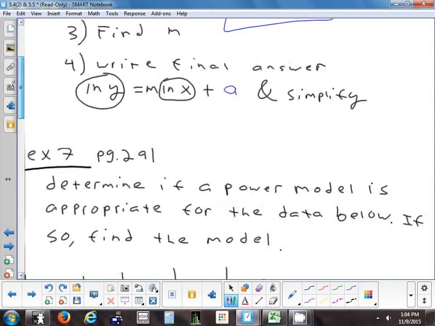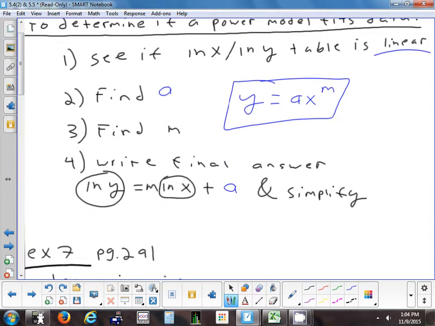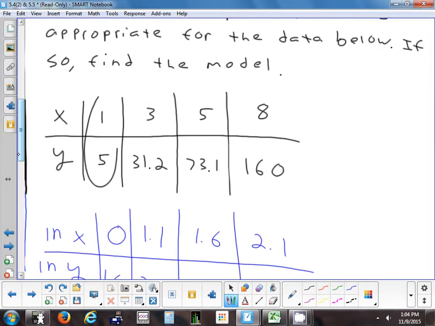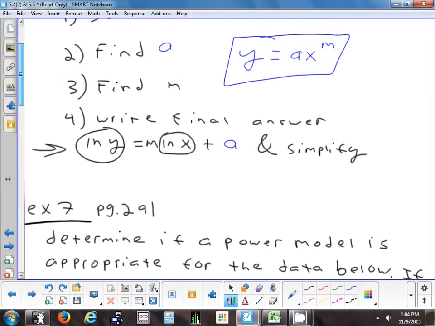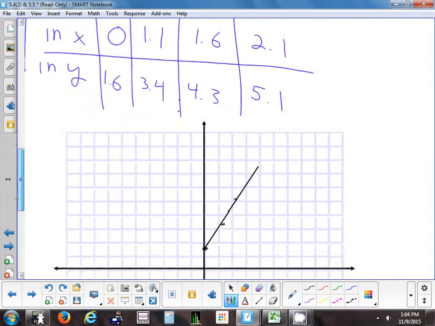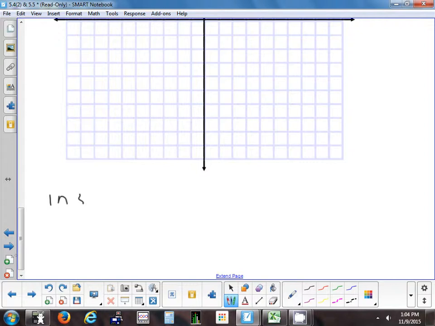So we're going to find what I called A. Okay? And to do that, I would fill in this point in our formula, fill in 1 for x, fill in 5 for y.